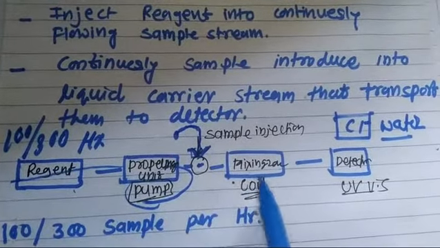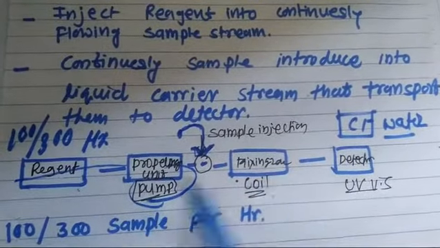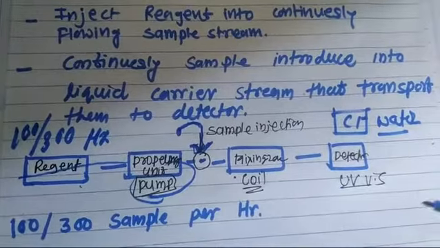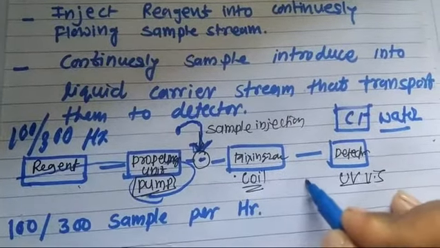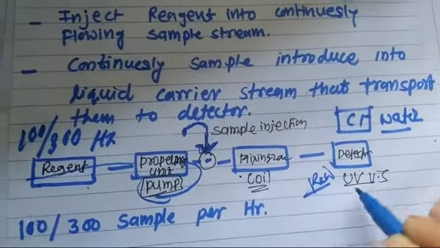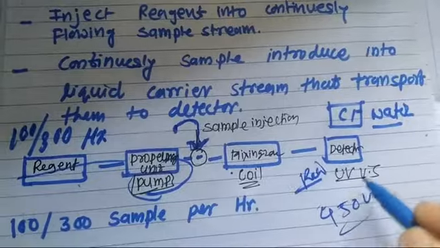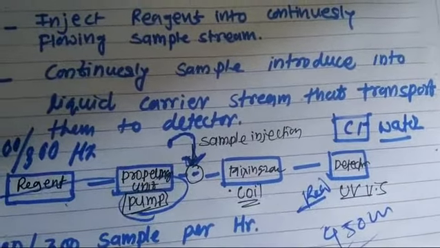Here the reagent mercury thiocyanate mixes with our sample, and color forms. Red color is formed here, and the absorption is at 480 nanometers. So here we use the UV visible spectrophotometer.